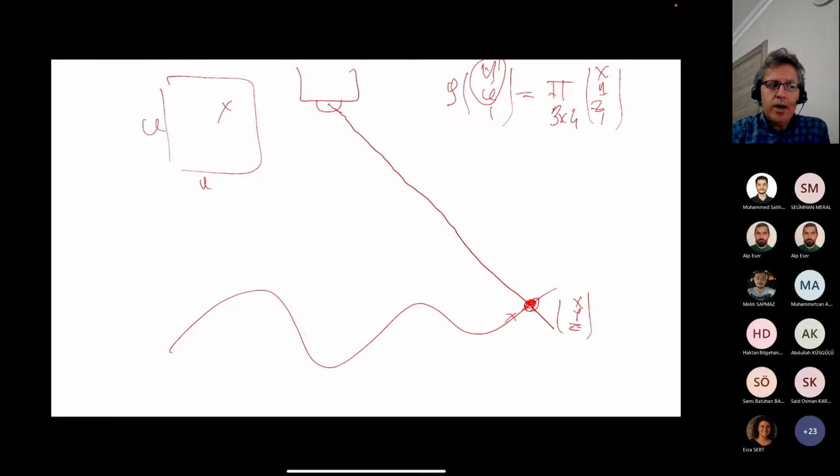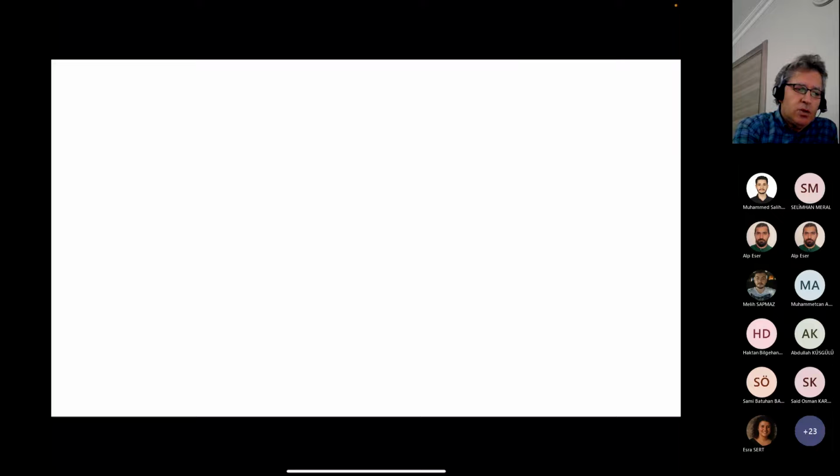Now, let's ask the question in a different way. I want to put not a point, but a certain shape. Let's say that I want to put a circle, right? Let's start with a simpler case. Let's assume that I have a plane here, and I want to put a circle on this plane, but my projector is projecting this way.